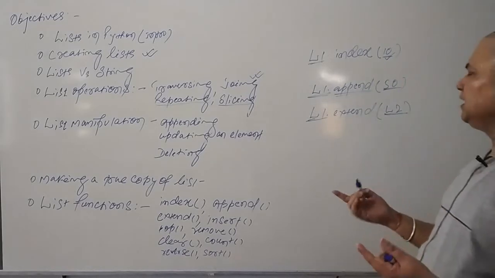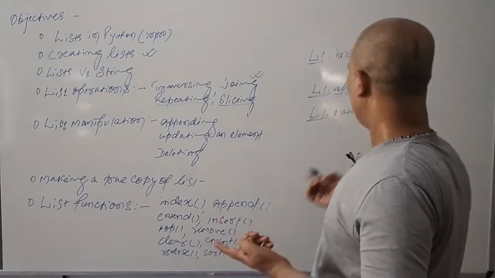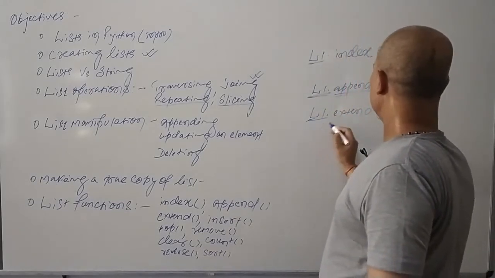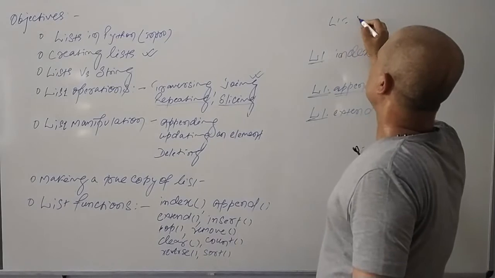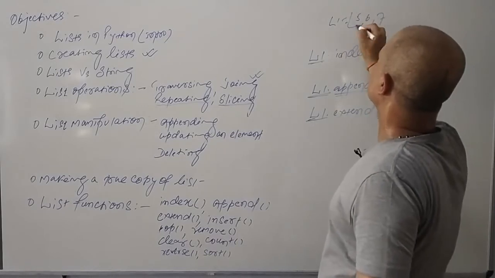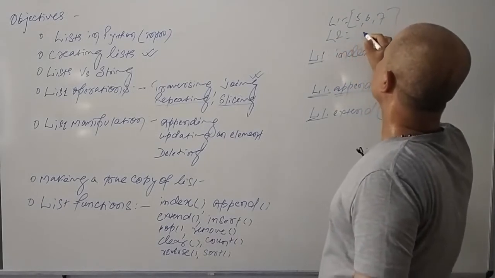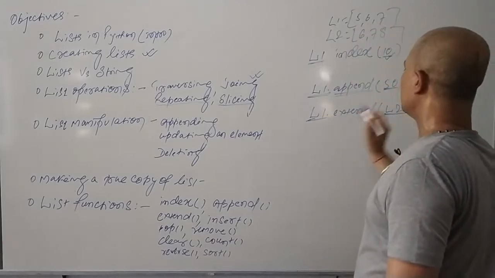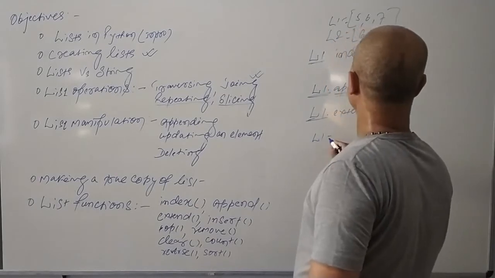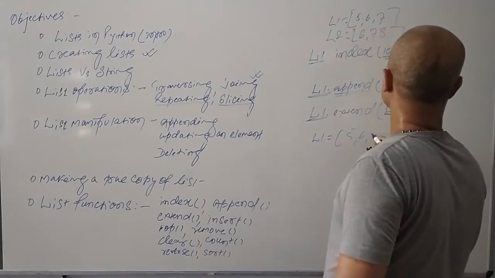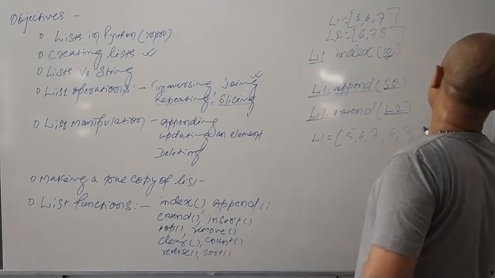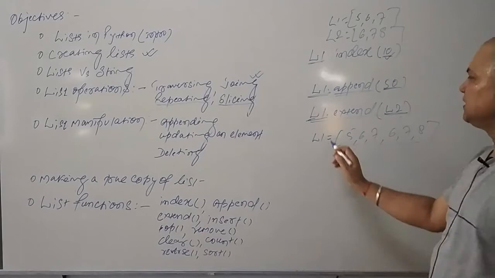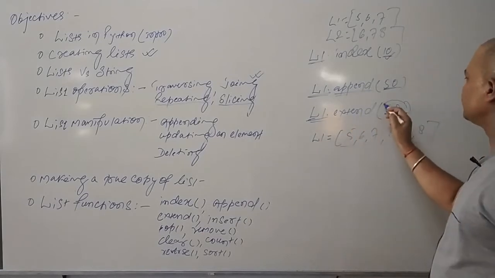For example, L1 equal to 5, 6, 7 and L2 equal to 6, 7, 8. Now once I say L1 dot extend L2, what will happen in L1? L1 will be 5, 6, 7, 6, 7, 8. This will be the output after using this command. So you can understand the list L1 is extended with the L2 elements.